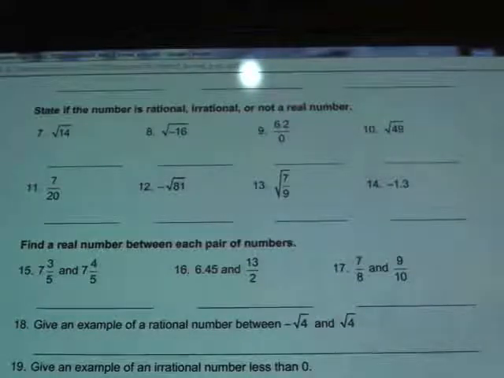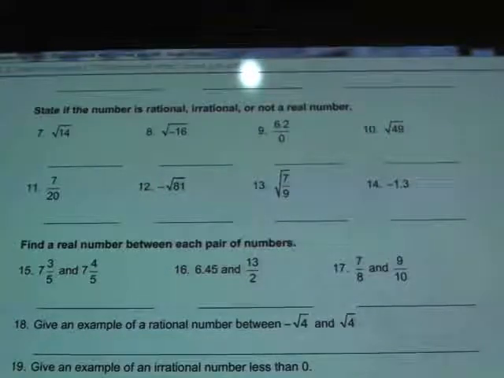If it cannot be written as a fraction, it's then going to be an irrational number. And if it doesn't fit into any of those buildings, then it's going to be not a real number. And really, there's very few of those that we would have to worry about here. So we'll see that in a moment.